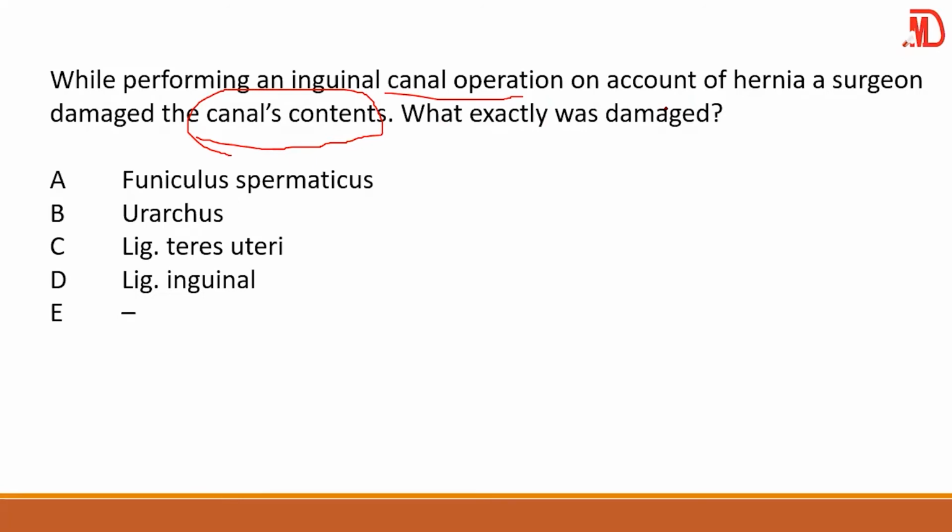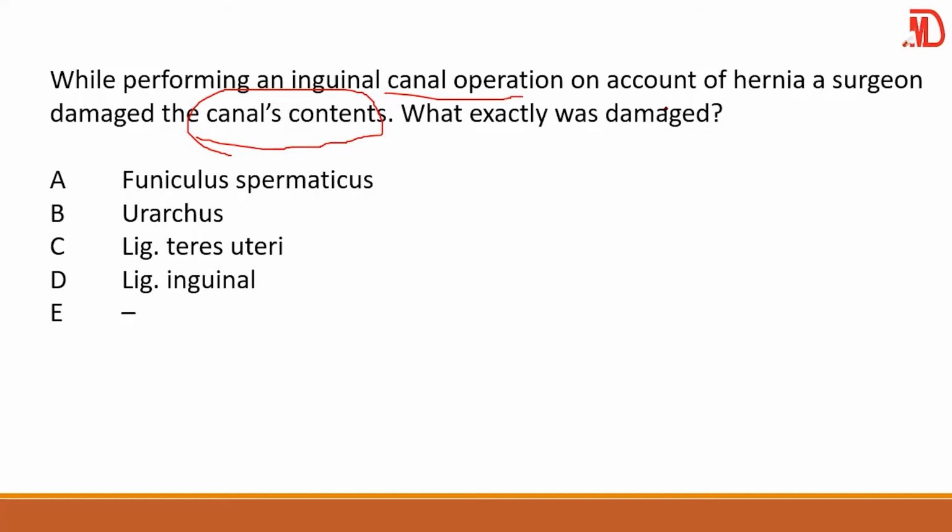So you're talking about the spermatic cord. And of course, there are some other nerves that pass through it, like the ilioinguinal nerve. It also passes through the same canal. And then in females, we have the round ligament of the uterus.